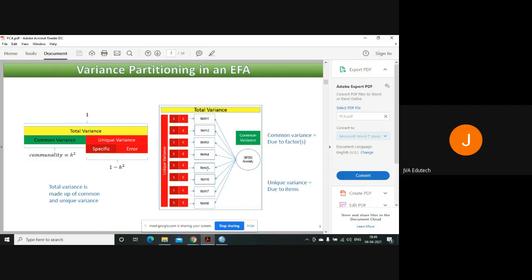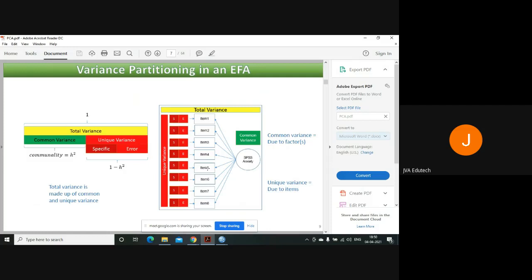Error variance comes from the errors of measurement, and basically anything that is unexplained by the common or the specific variance is known as the error variance. Anything that goes unexplained, let's say out of 100%, 80% is explained by both the common variance and the unique variance, and the remaining 20% remains unexplained. In that case it is known as the error variance.